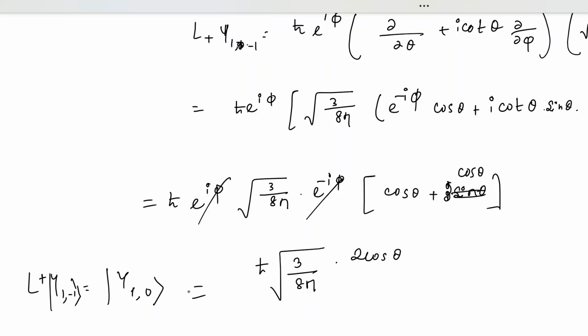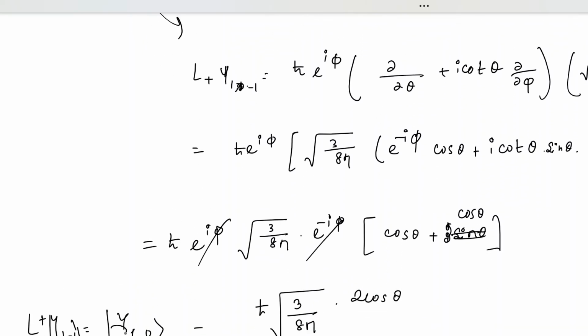Okay, so this is giving you this, which is nothing but your root over of 2 Y10. Why so? Because you saw that L plus Y1 minus 1 is root over 2 Y10, and just now directly operating L plus in theta phi format on Y1 minus 1, you are getting this.